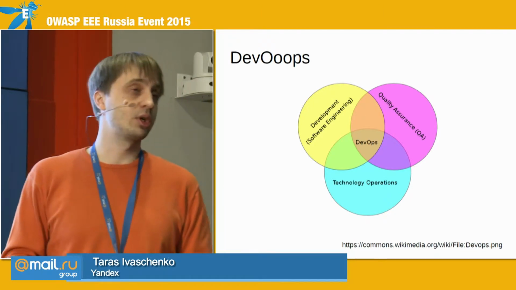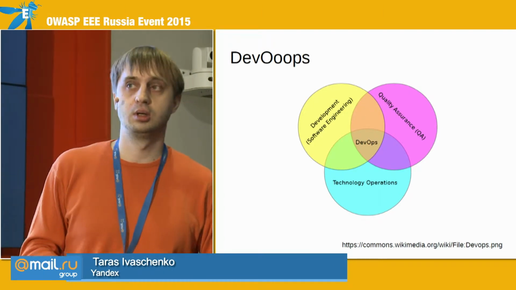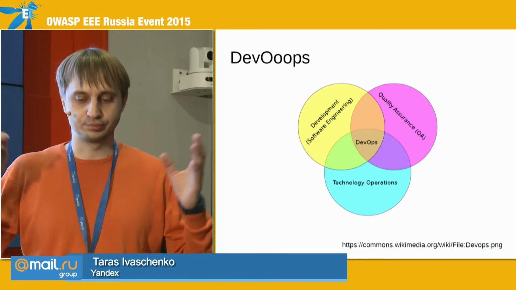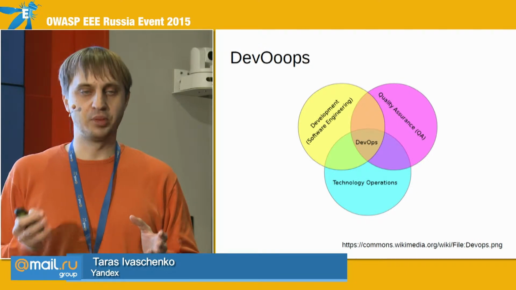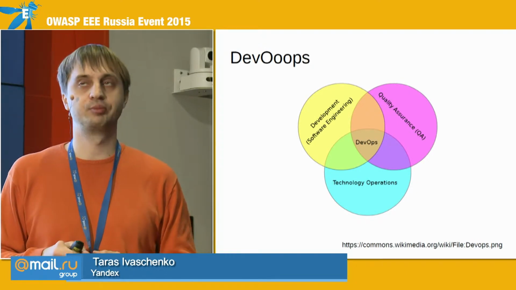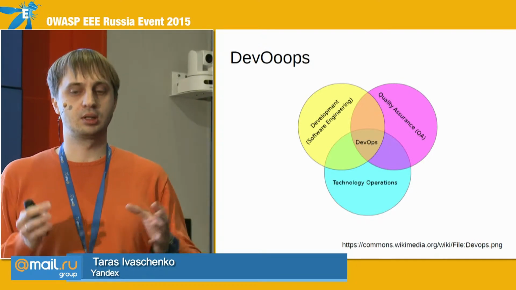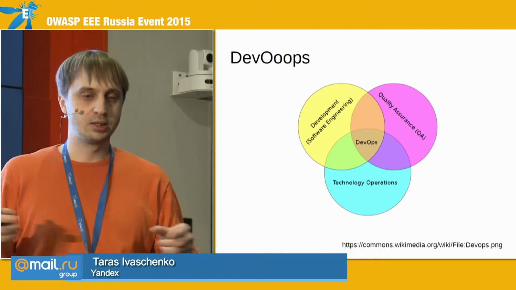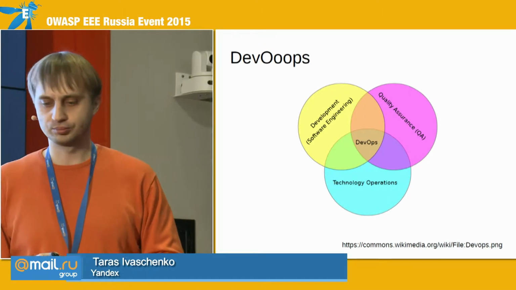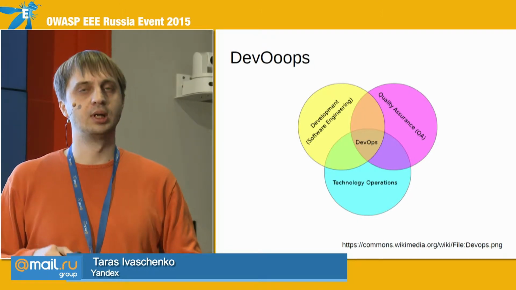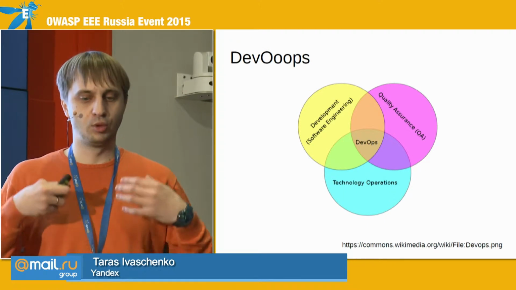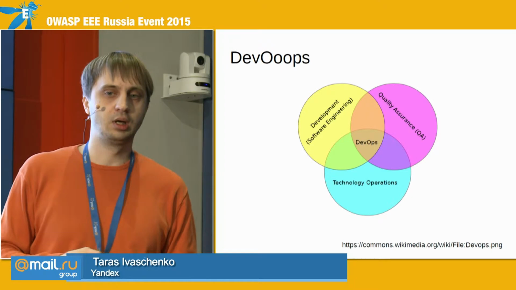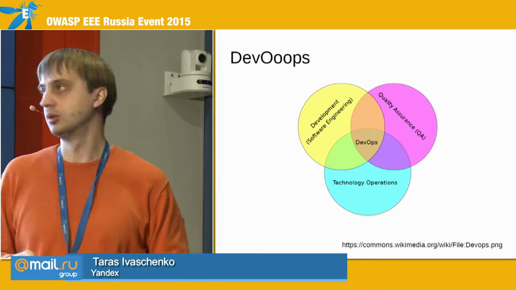Okay, DevOps is a combination and consolidation of different parts of the product development process, like quality assurance, development, and IT operations. Those guys together try to make the release cycle shorter and release the product in the production environment as fast as possible.